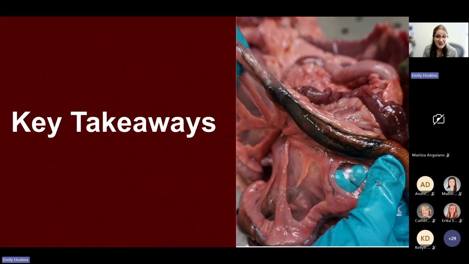So we're going to wrap up this presentation pretty soon, if you're still with me, and we'll get into key takeaways, but I wanted to leave you with this photograph that I took of a pretty recent case that I had on the floor. This was a dog that came in with no clinical history, and I had these changes in the small intestine, where I have this dark green to black segmental change, sometimes fairly well demarcated.